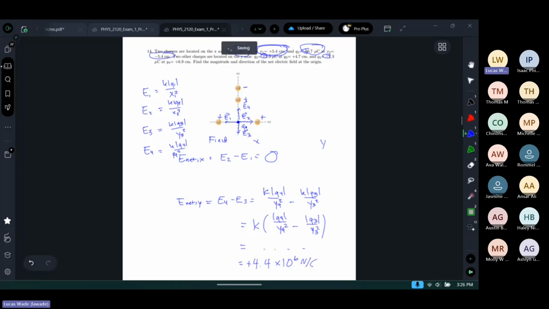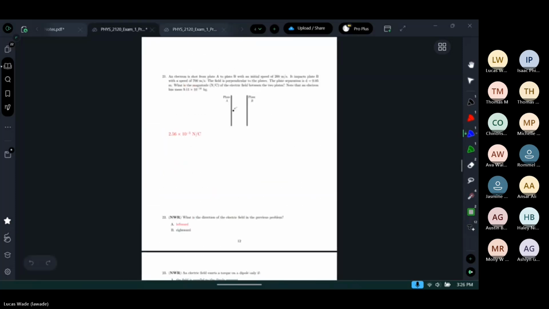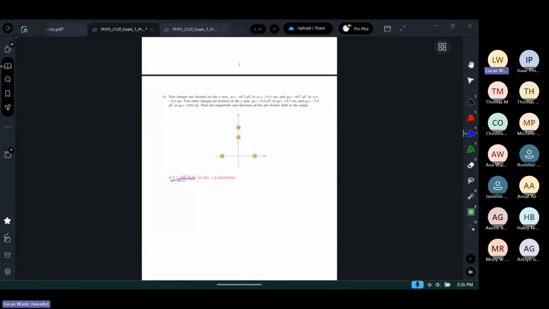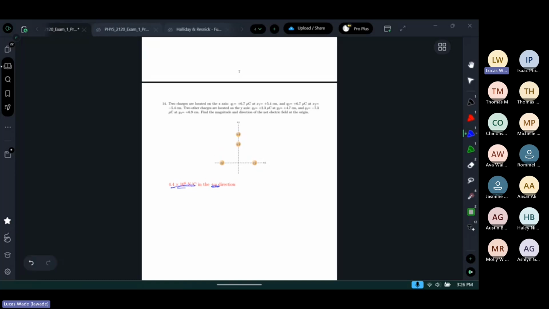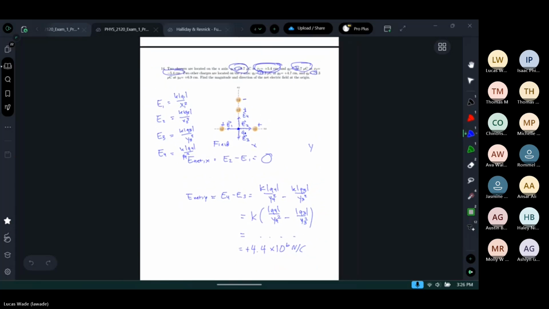Let's see if that's anywhere close to the mark. 14. Aha, 4.4 times 10 to the 6th, and in the positive y or upward direction. So that's me using some tricks to make it a little bit less work.